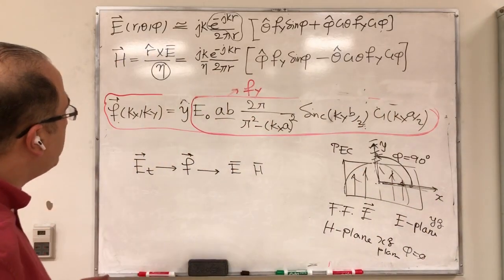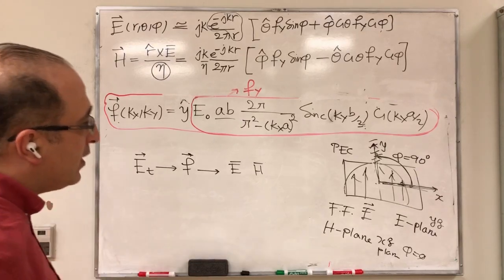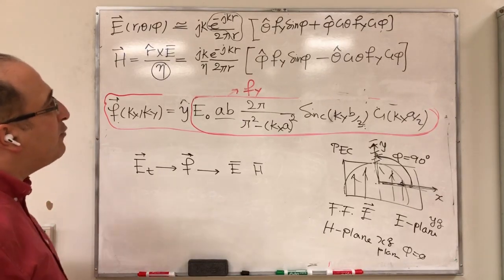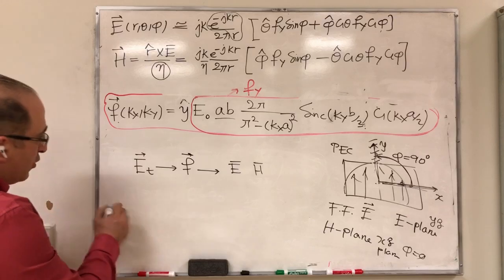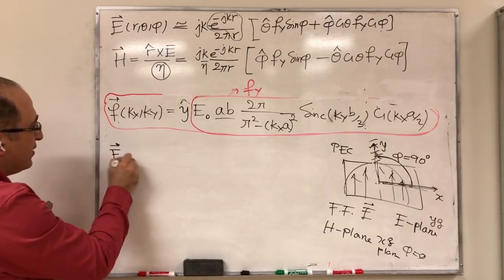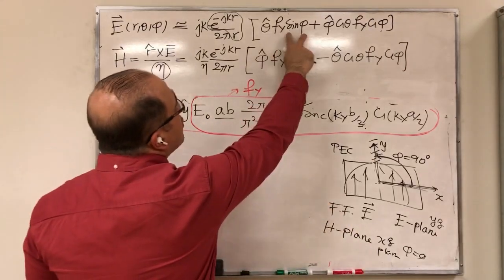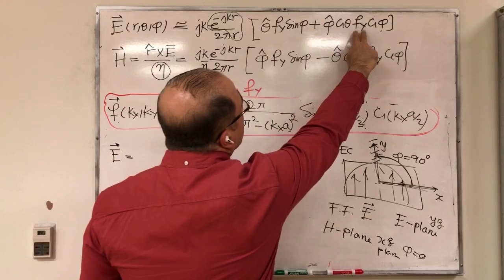If I do that, what's going to happen to my F here? If phi is equal 0, what's going to happen to your E? You see, if phi becomes 0, this term would be gone, and you only have this term.